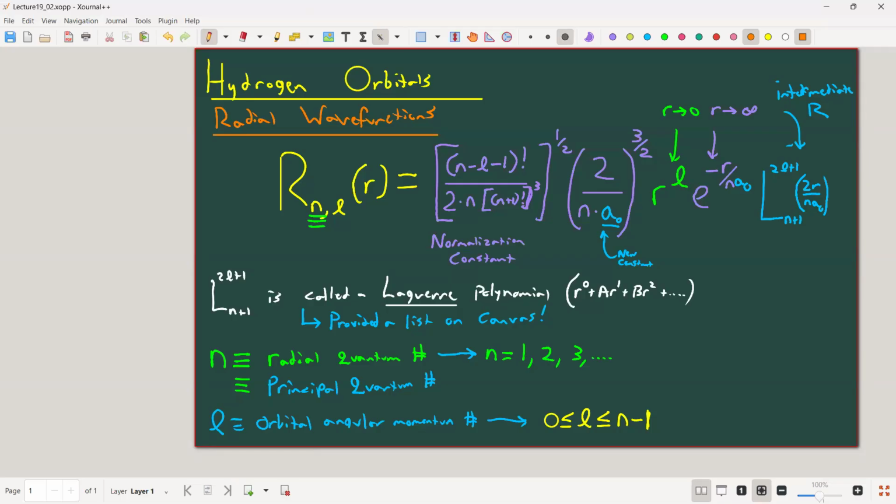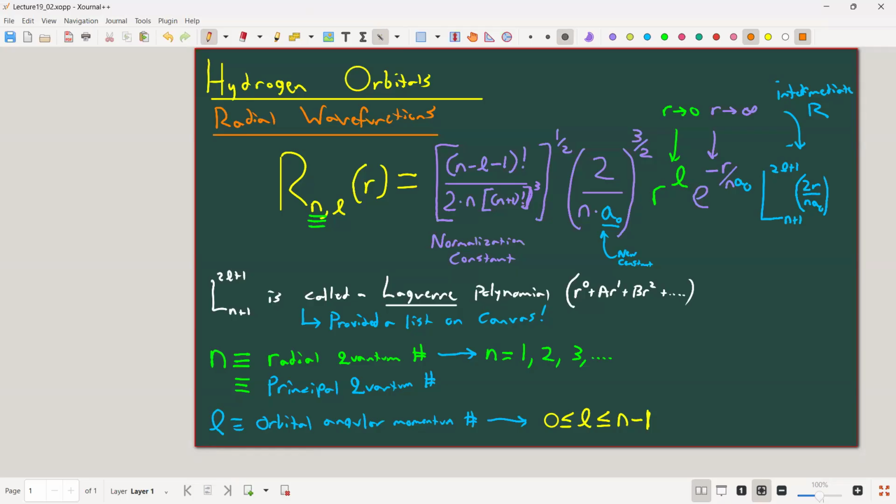And we looked at really large r, r goes to infinity, where the electrostatic force is stronger than the centrifugal force, because 1 over r decays more slowly than 1 over r squared. And we saw that at the r to 0 limit, the radial function looks like a polynomial, r to the l, where l is the angular momentum quantum number. And at long distance, it looks like an exponentially decaying function, e to the minus r.